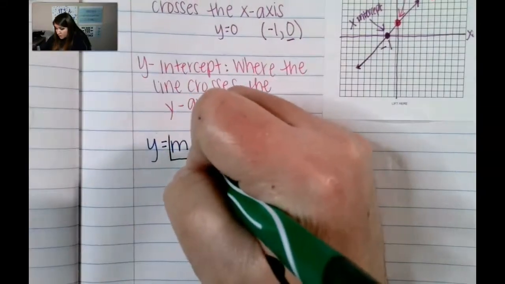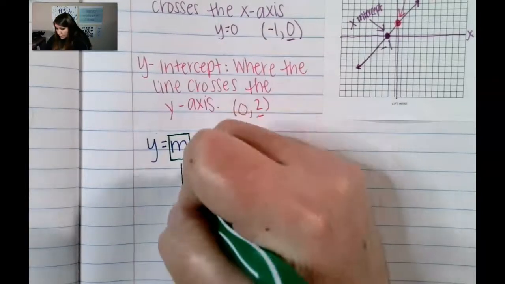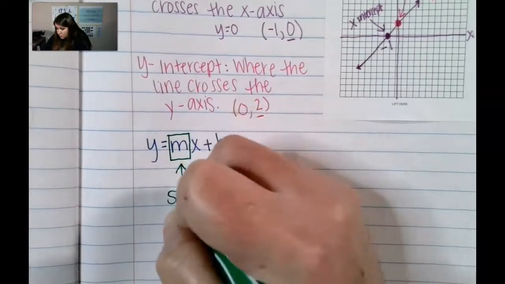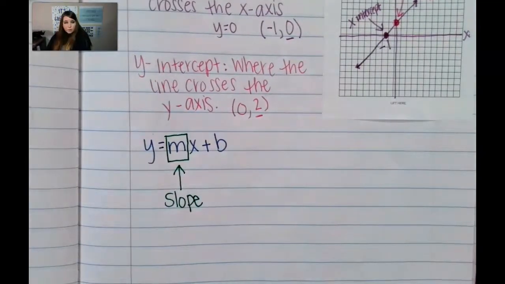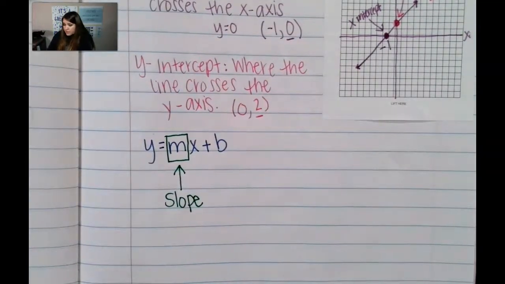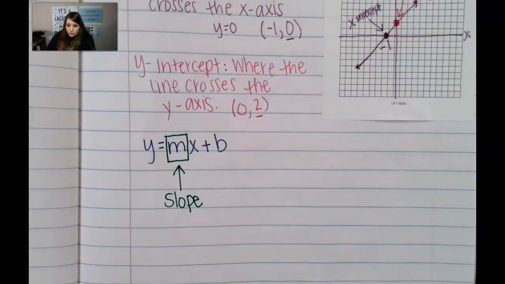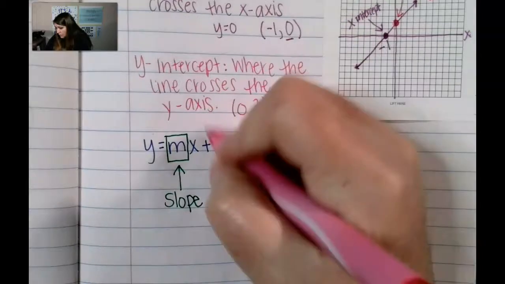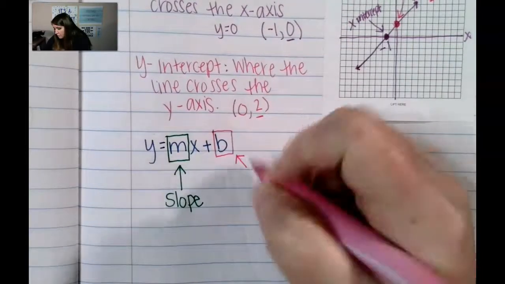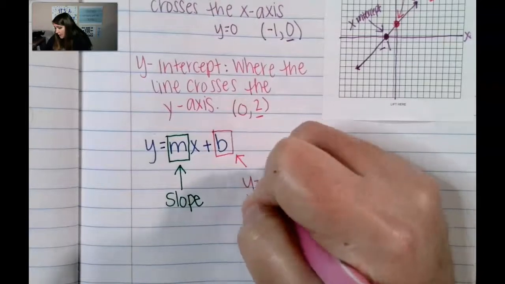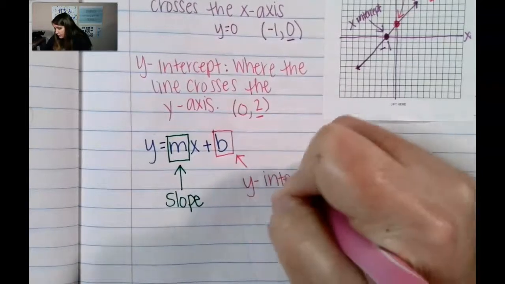This is also the constant of proportionality. That right there is your slope. The new part of this is going to be your y-intercept. Your y-intercept is the b. So this is the y-intercept.